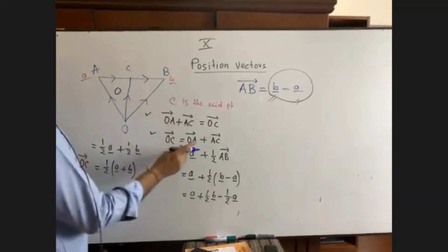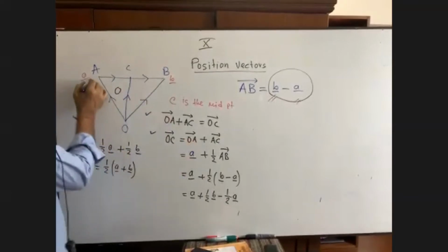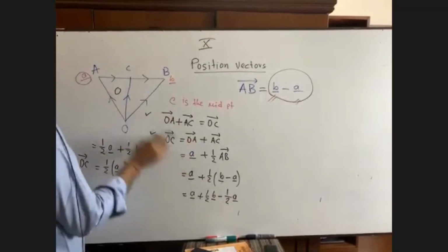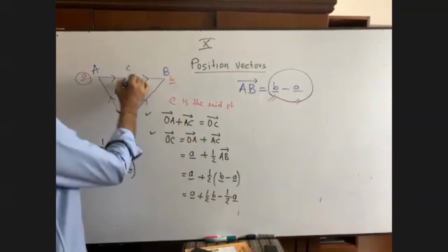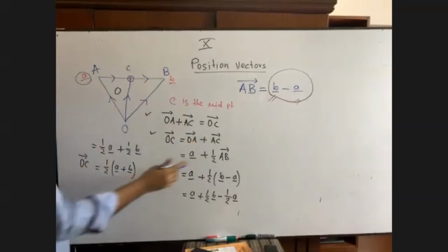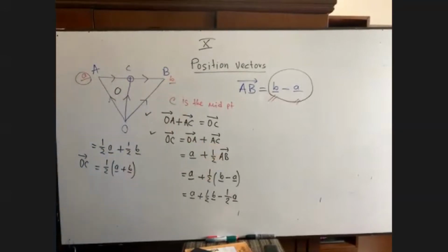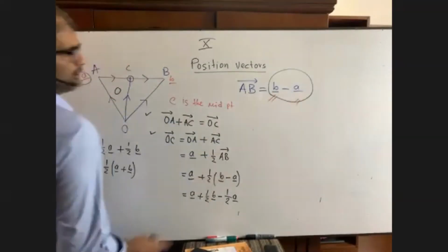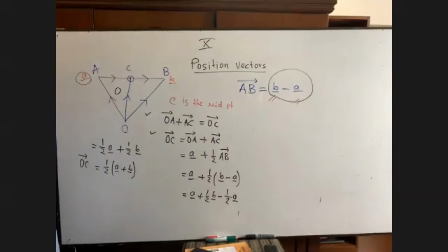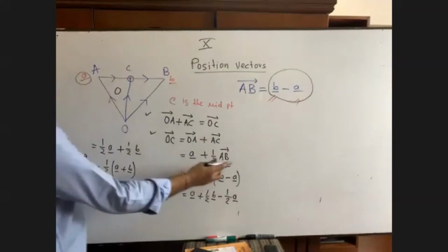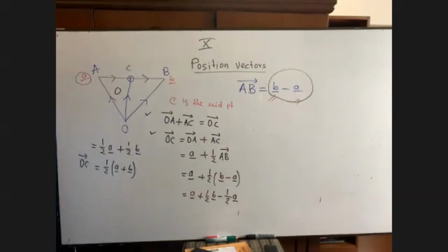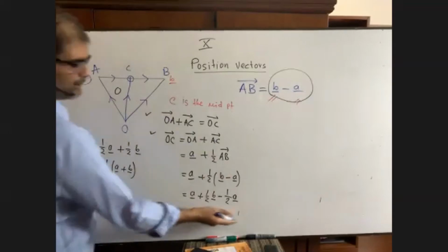Wait, what is the value of OA? It is A. And AC, I told you C is the midpoint. So AC equals half of AB. Yes, sir. What is the value of AB? B minus A. I have put the value of AB, B minus A. Now I have multiplied by half.